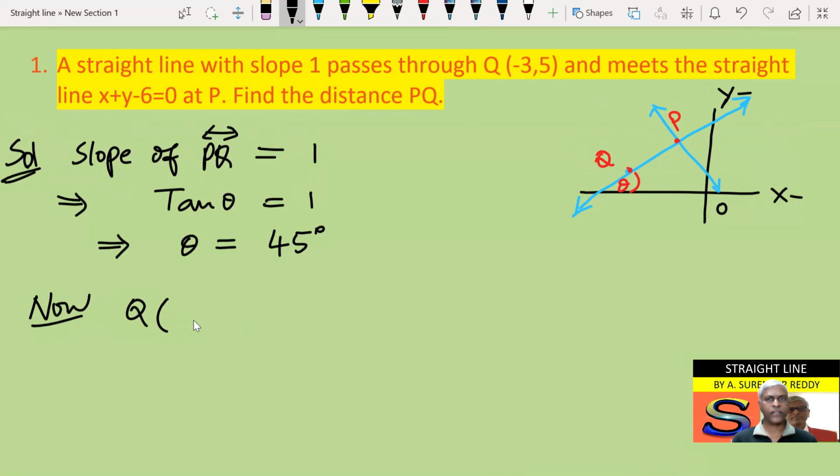Already Q is there, (-3, 5). Let us take the point as (x1, y1).